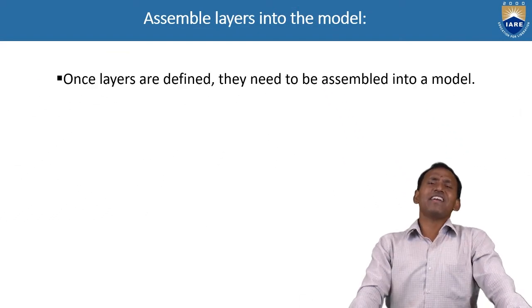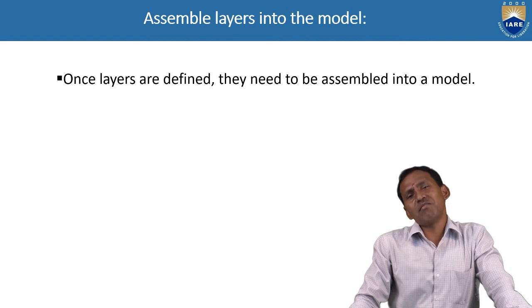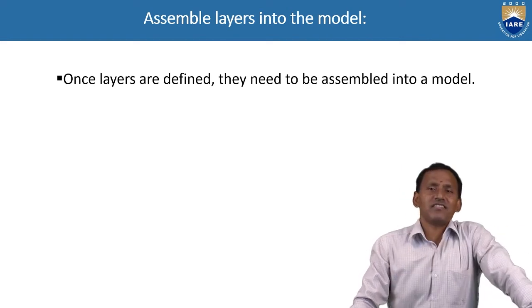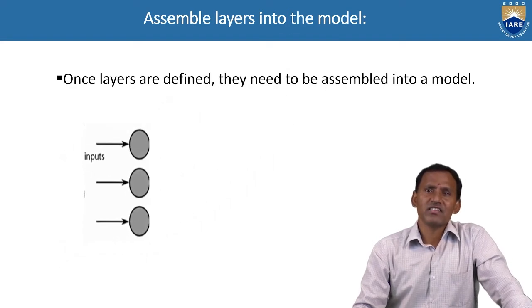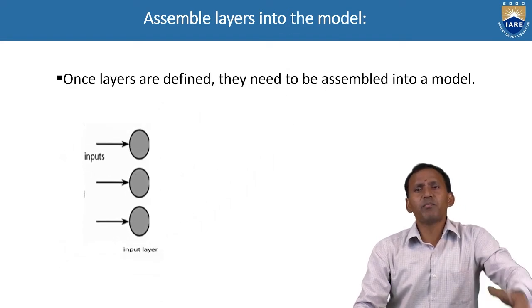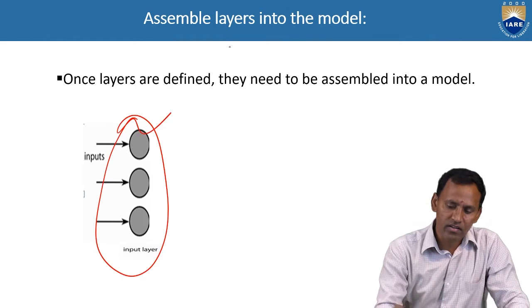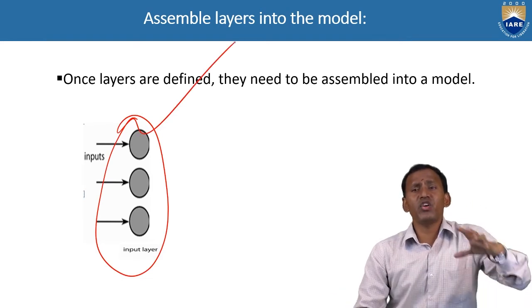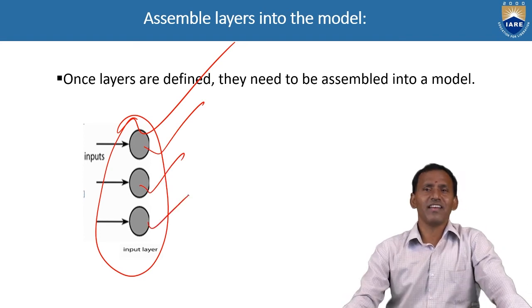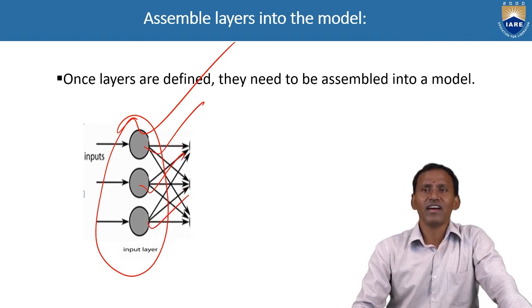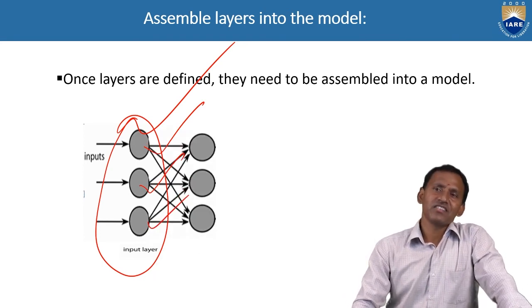After creating the number of layers in a model, we have to assemble all the layers. So this is the input layer. How many neurons are there in this layer? 3 neurons: neuron 1, 2 and 3. Now move to the second layer, which is the hidden layer.